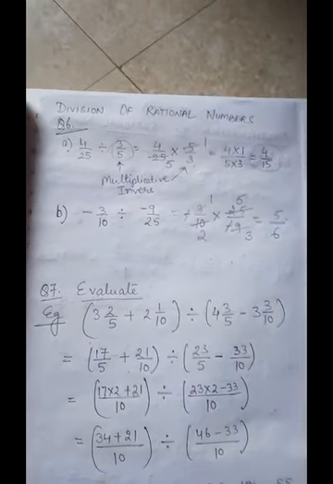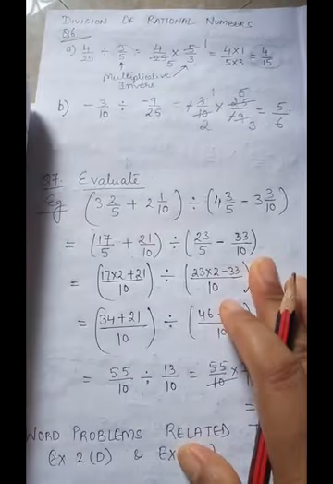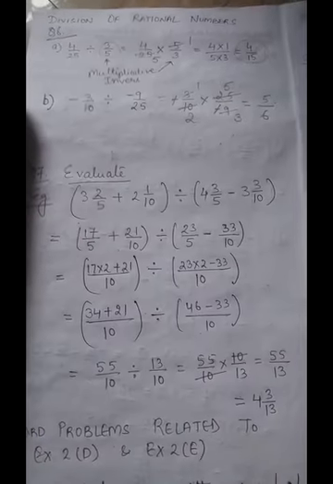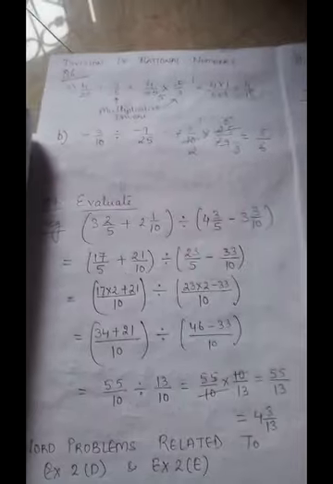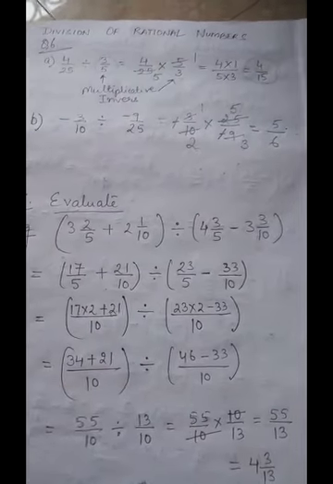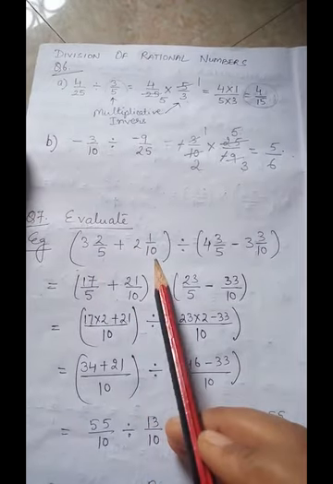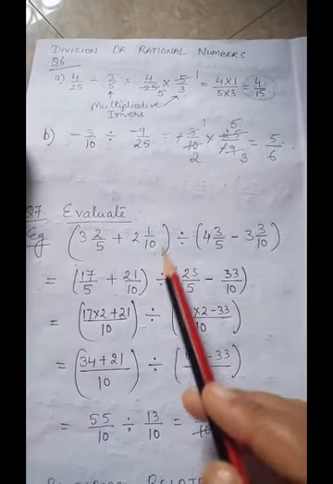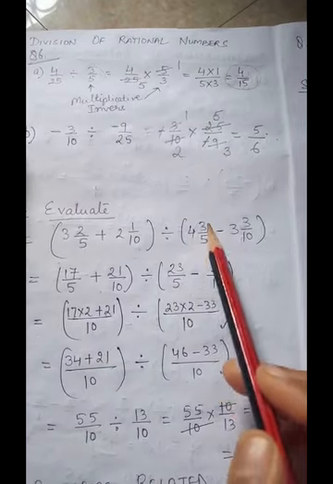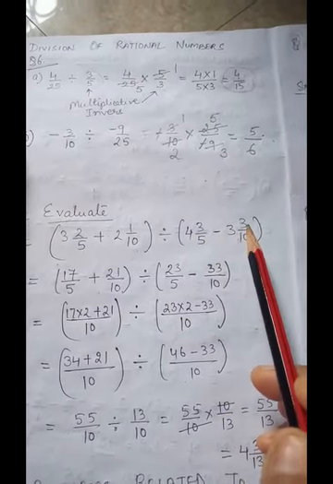Next, evaluate. This is based on question number 7 of your exercise. So this is 3 whole 2 by 5 plus 2 whole 1 by 10 within brackets, divided by 4 whole 3 by 5 minus 3 whole 3 by 10 within brackets.